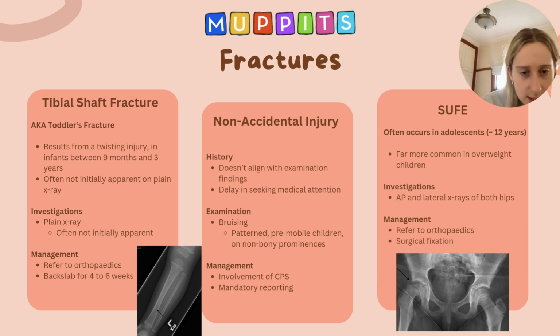As you can see here on this investigation, so this would be the right hip, and you can see that the femoral epiphysis has sort of remained in place in the acetabulum, but the femur appears to be slipped, and you can have a look in comparison to the left-hand side to help you see that better as well. So management of this will usually be referring the child to orthopedics and surgical fixation as well to prevent it from reoccurring.